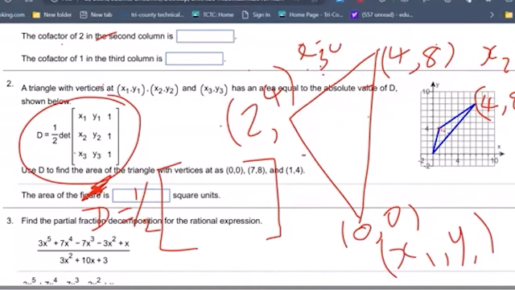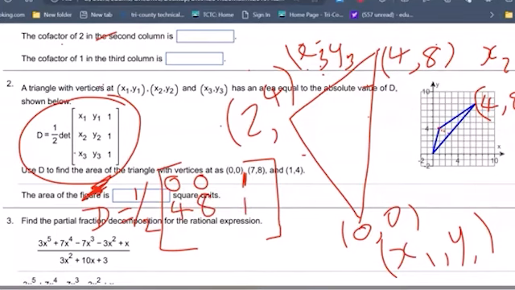Okay, and I will use their points to put them in there. So for x1, y1, I have 0, 0, 1. For x2, y2, I have 4, 8, 1.